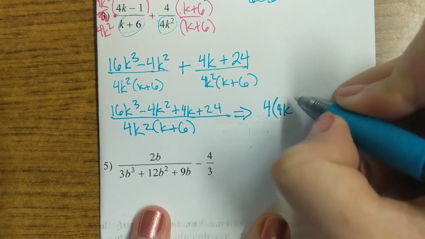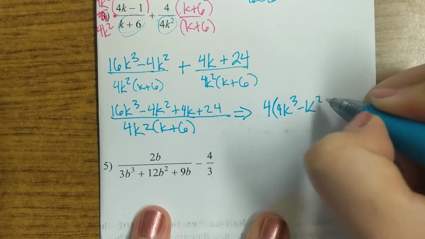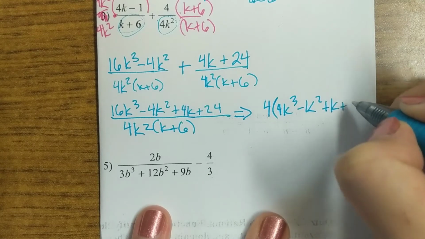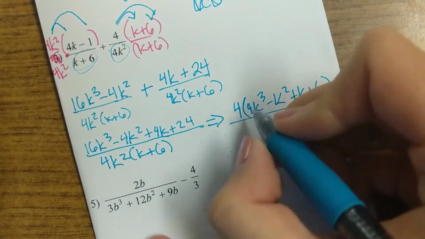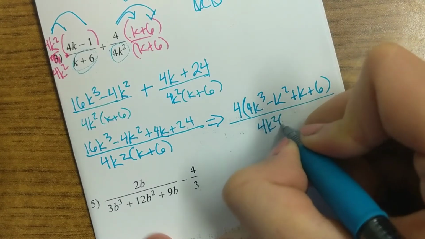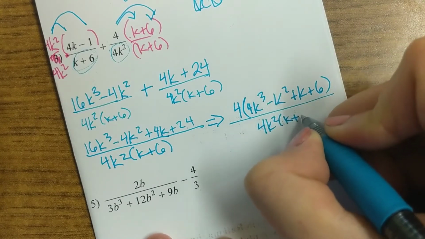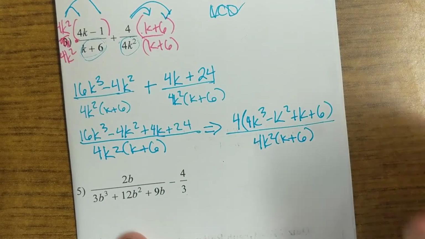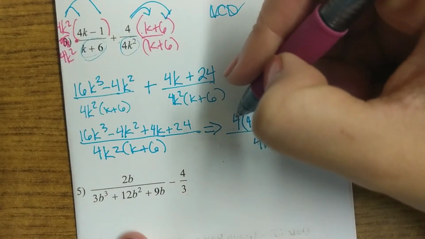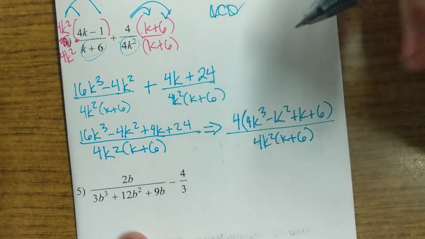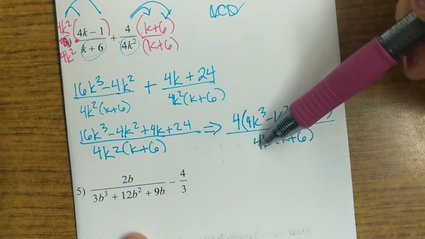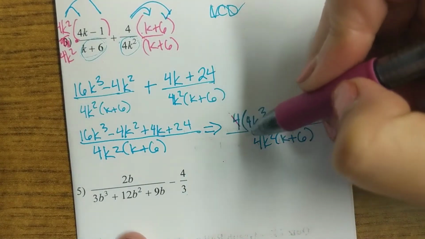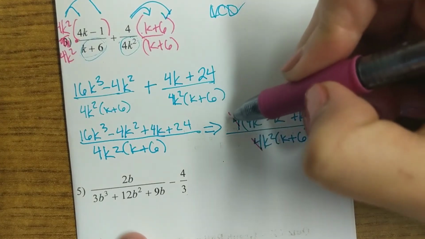We have 4k cubed minus k squared plus k plus 6. Yeah, there's no k attached, but we can still reduce the 4's at least. 4 over 4 is 1.